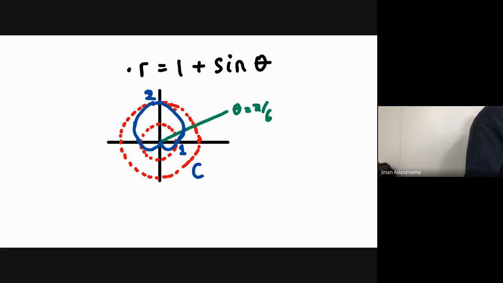It's called the cardioid. It's like a heart. Maybe I'm not really good at drawing this line, but you can check the real one by googling and see how the cardioid looks. If you see it upside down, it will be like a heart, because cardio comes from the heart.